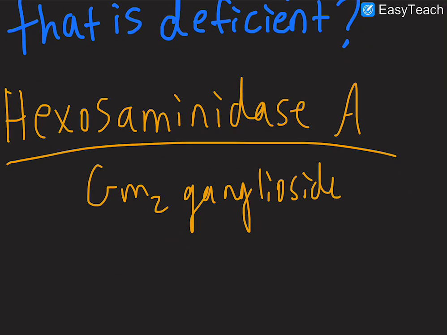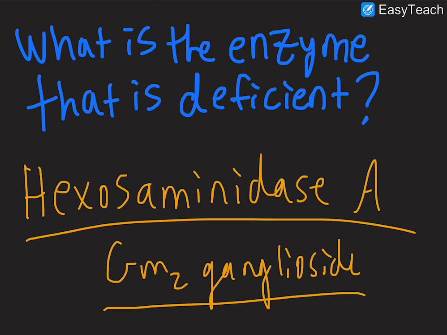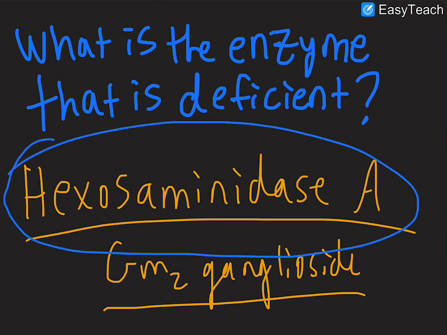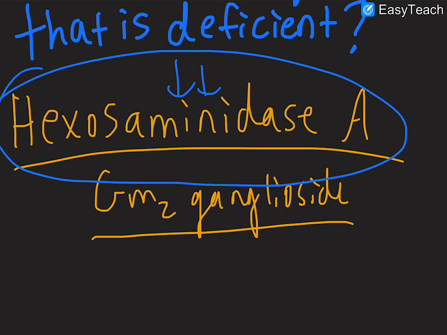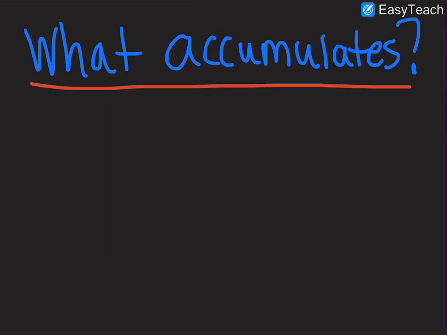Now, we know that hexosaminidase A breaks down GM2 ganglioside, but we just said that in Tay-Sachs disease hexosaminidase A is deficient. So that means GM2 ganglioside is not broken down. That leads to the next question: what lipid accumulates? Hexosaminidase A breaks down GM2 ganglioside, which is a type of lipid.